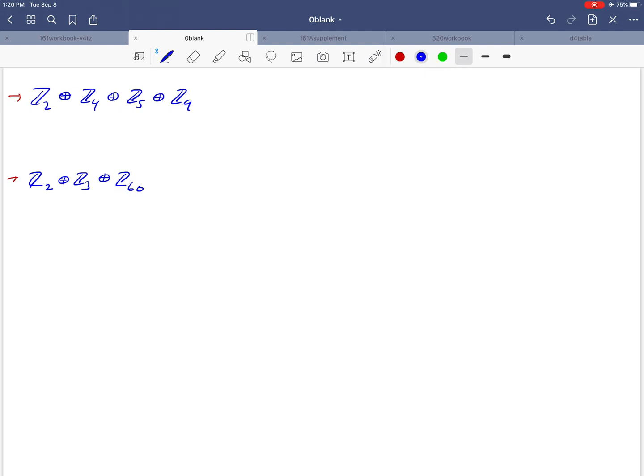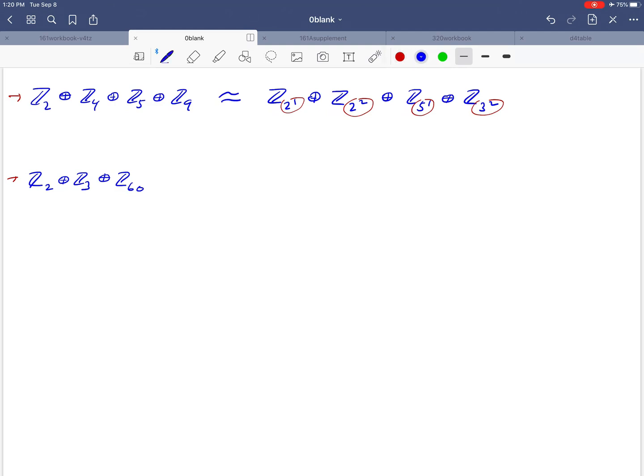Notice first that the first of the 2 groups is already in the correct form, and we can emphasize it by rewriting it like this: Z of 2 to the first plus Z of 2 to the second, because 4 is 2 squared, plus Z of 5 to the first, plus Z of 9, which is 3 squared. Notice that every single one of the n's has the form of a prime power. That's the form that we want it to be in, so that we can apply theorem 11.1.